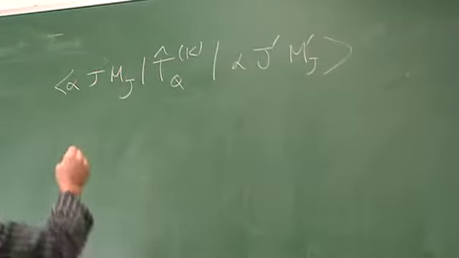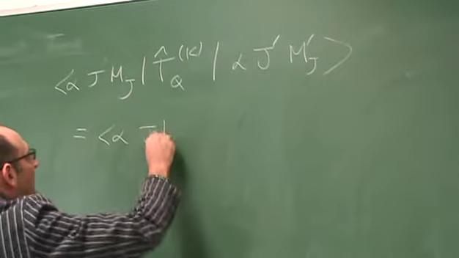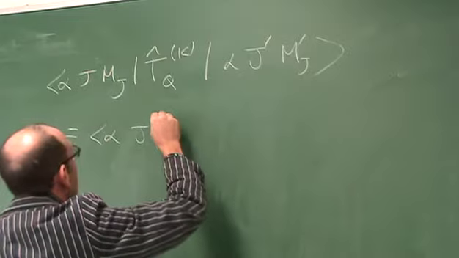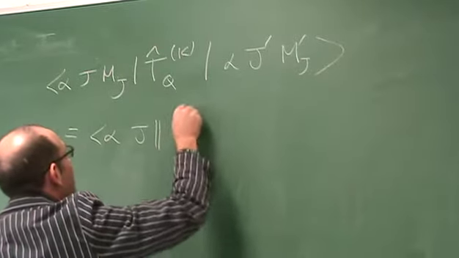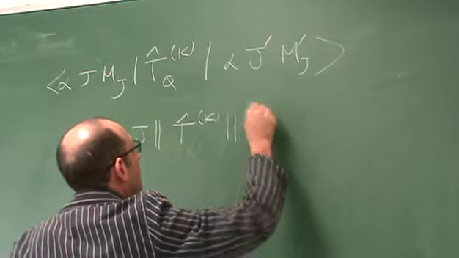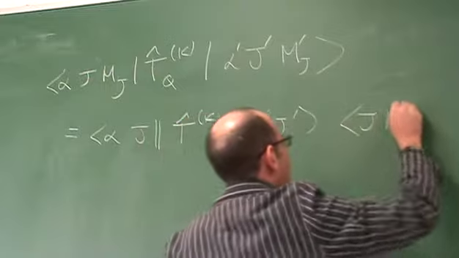According to the Wigner-Eckhart theorem, this is this reduced matrix element times this Clebsch-Gordan coefficient.